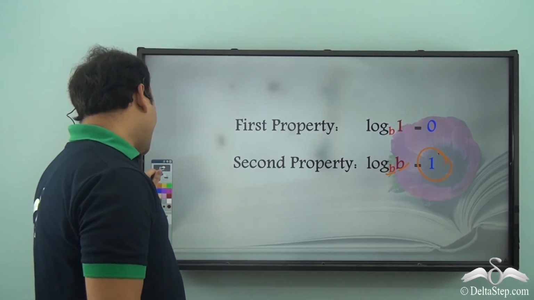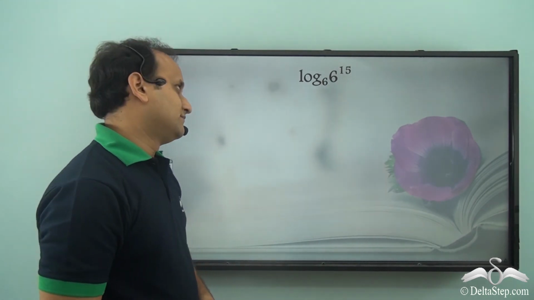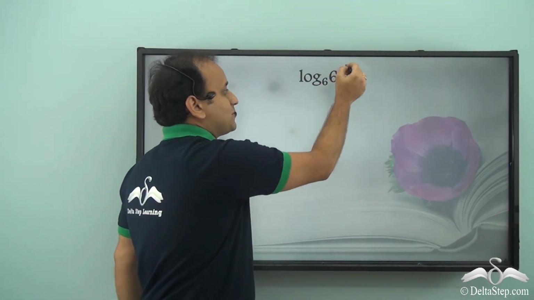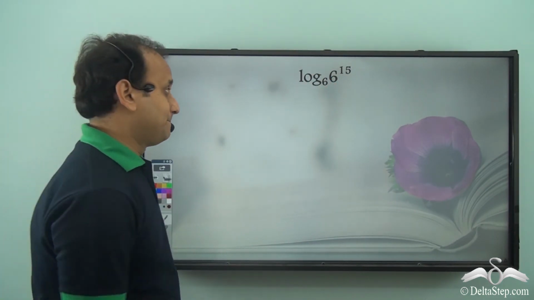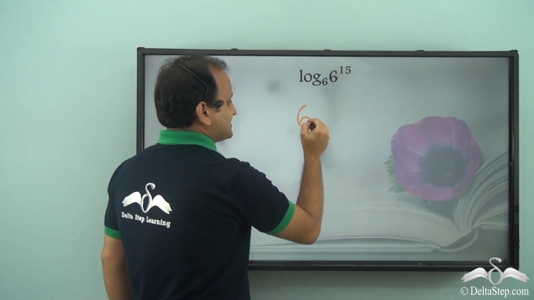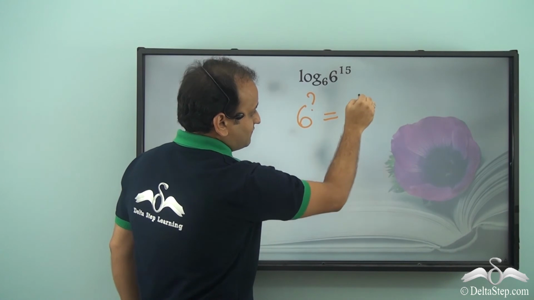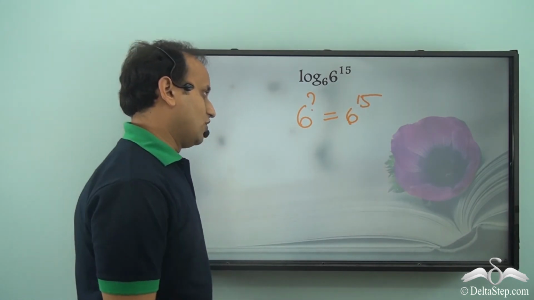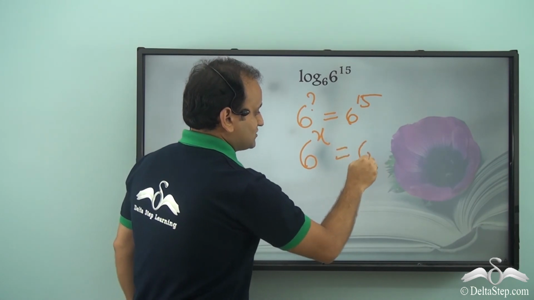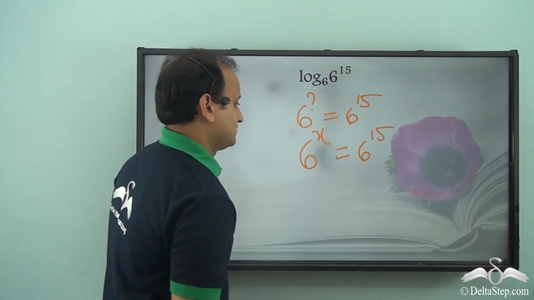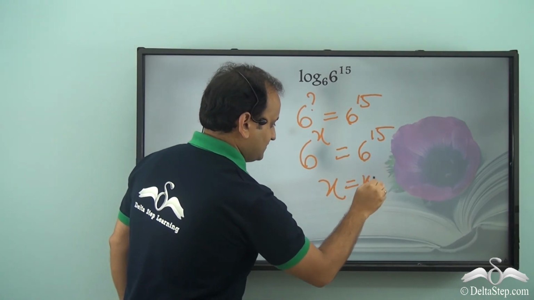Now he got another set of questions. This time he has some powers to solve. Here he has log of 6 to the power of 15 to the base 6. Again we'll write this in exponential form. So 6 to the power of what is 6 to the power of 15. Or you can write, let's assume 6 to the power of x is equal to 6 to the power of 15. Now the base is the same, that means x is nothing but 15.